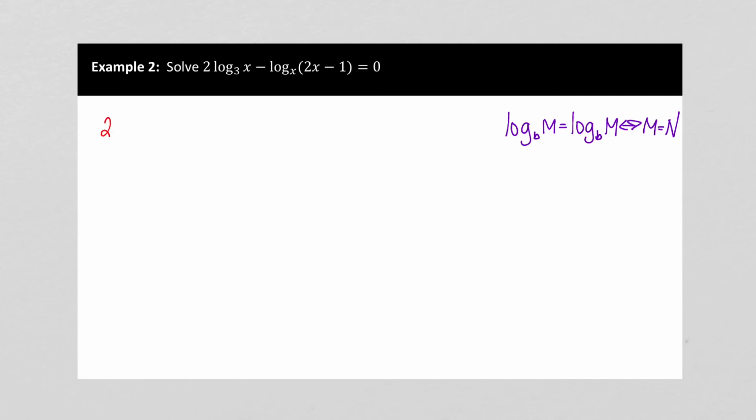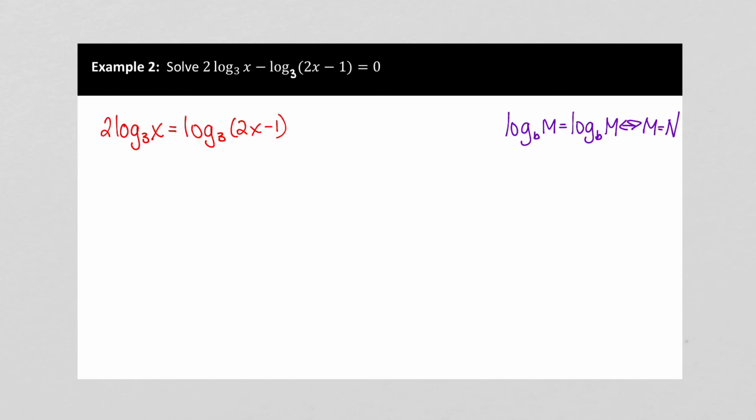I'm going to add the log base 3 of 2x minus 1 to both sides, and you'll see why I'm doing this. So we have 2 log base 3 of x equals log base 3 of 2x minus 1.